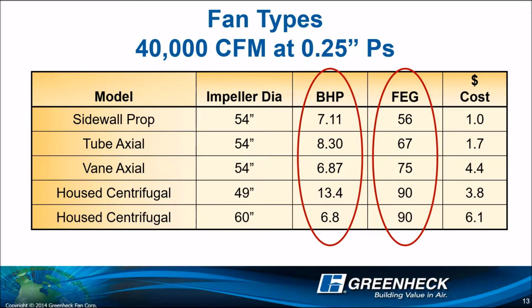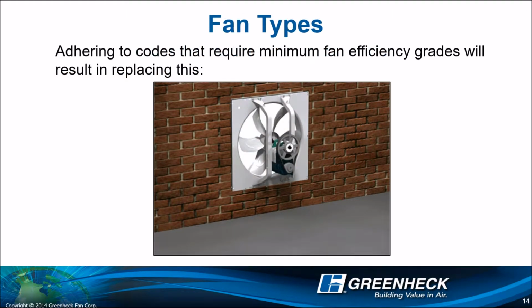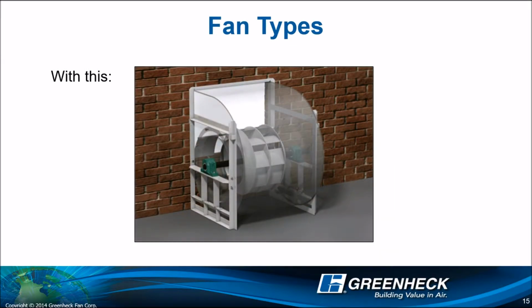Again, the FEG value is based on the peak efficiency, not the actual operating efficiency. The total efficiency in this case isn't a very good indicator of the actual power being consumed. Essentially, following this code requirement to the T would replace a fan like this with one like this, and that does not make much sense.